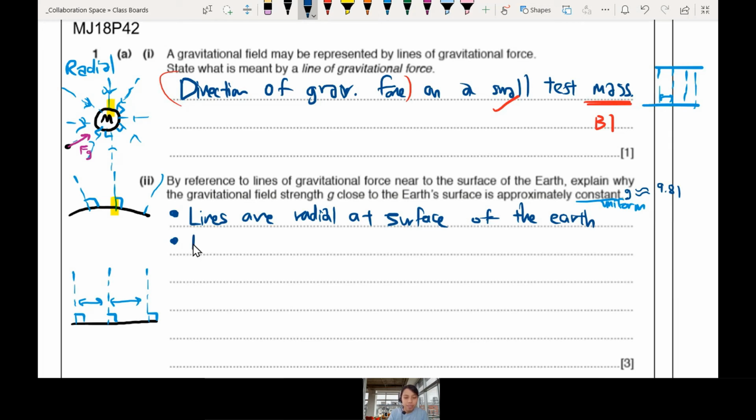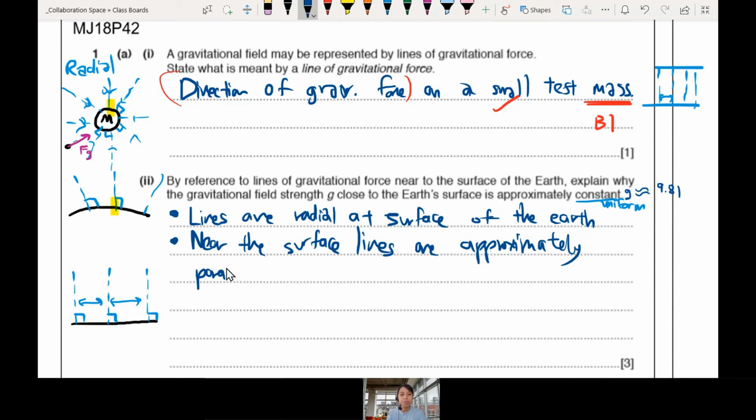So you can say that near the surface, lines are approximately parallel, if you zoom in a lot. So this is the first part. Because, must explain, right?